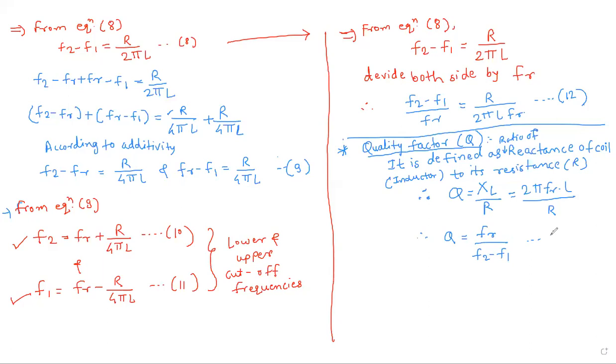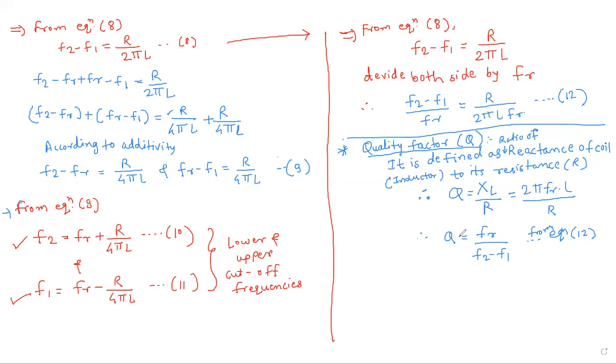So this came from equation number 12. Equation 12 is exactly the opposite. Q is equal to 2 pi Fr into L divided by R. So Q we can take as it is. This is the reciprocal which is given in equation 12.